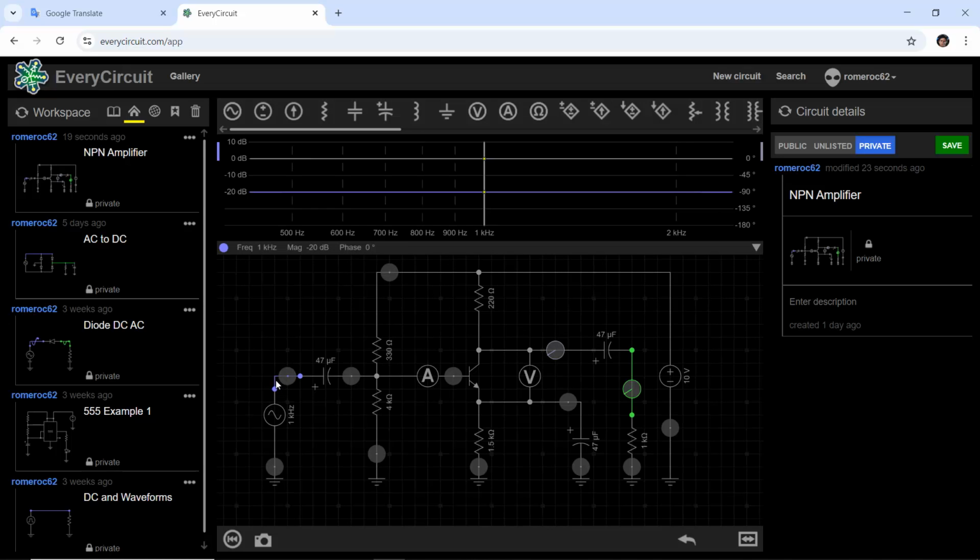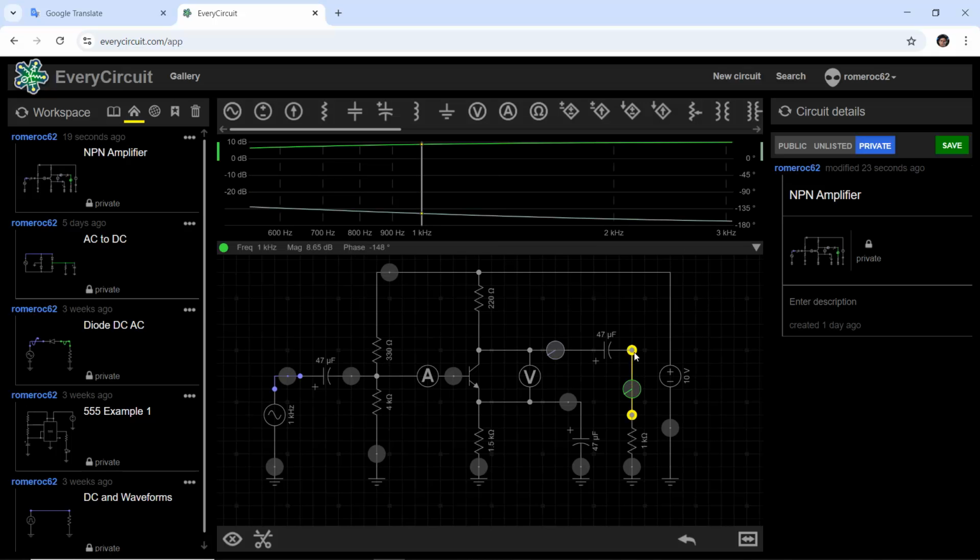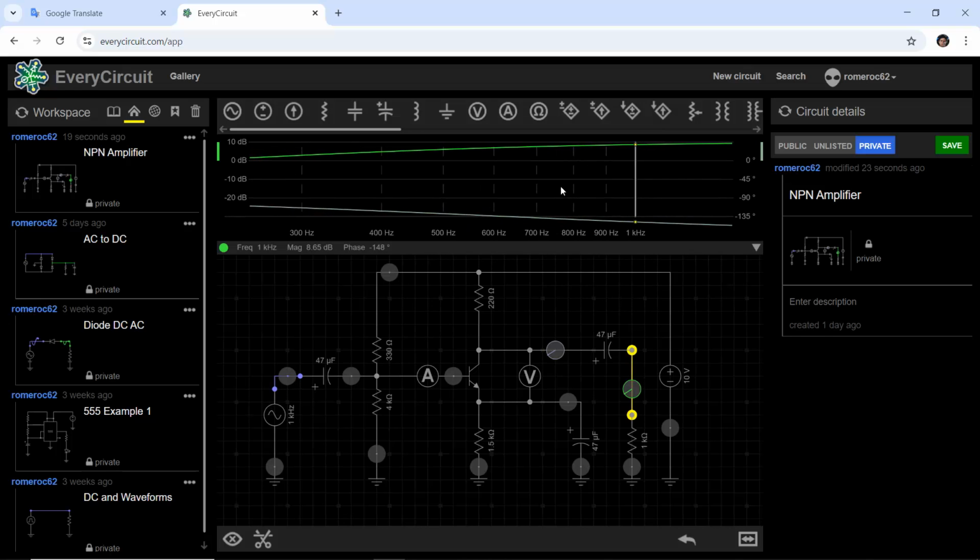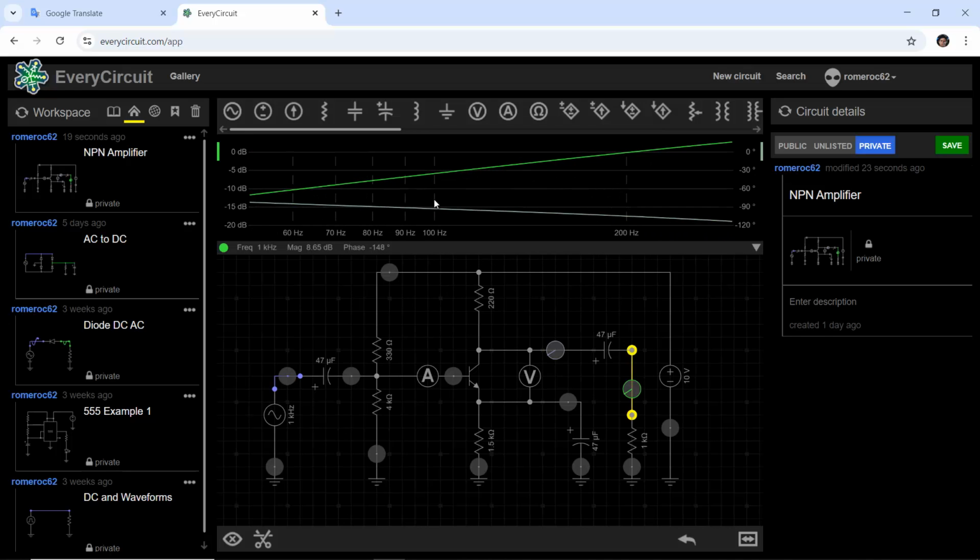Click here on the input, this is the graphic, and click here on the output on this green node. Now you will see the graphic.